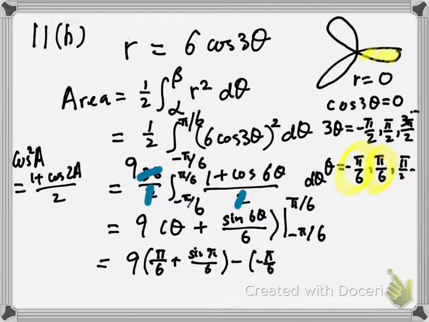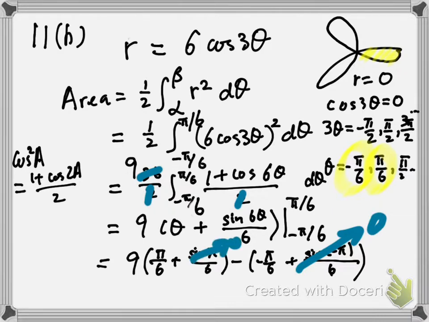And then plus sine of negative pi over 6 times 6, which is negative pi. This is going to be 0 because sine of pi is 0, sine of negative pi is also 0.